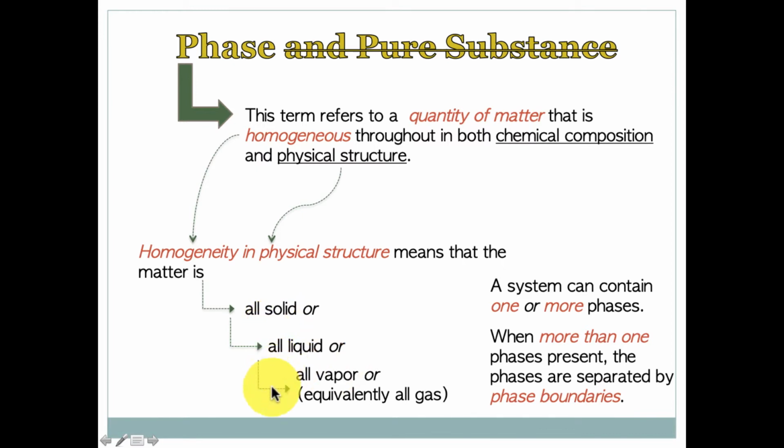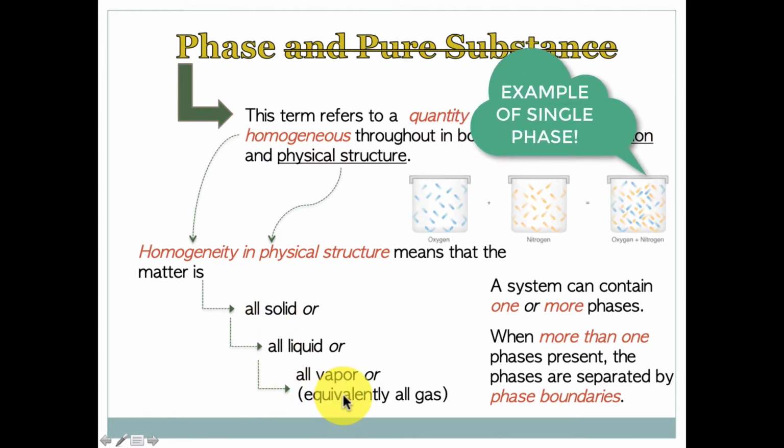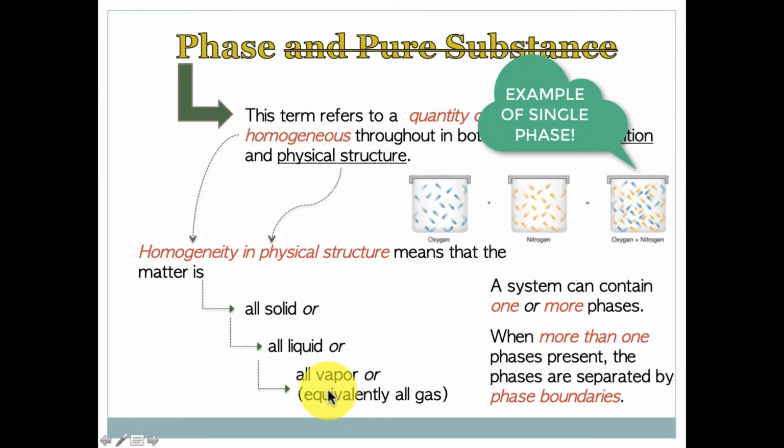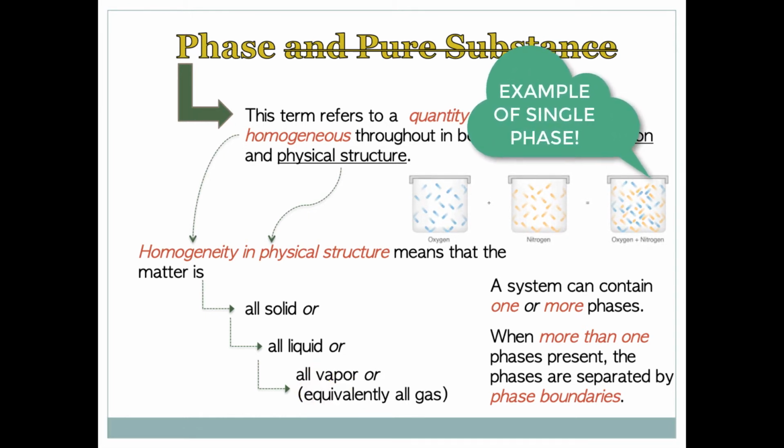For gases, for example, say we have oxygen and nitrogen. Those two can be mixed in any proportion to form a single phase.